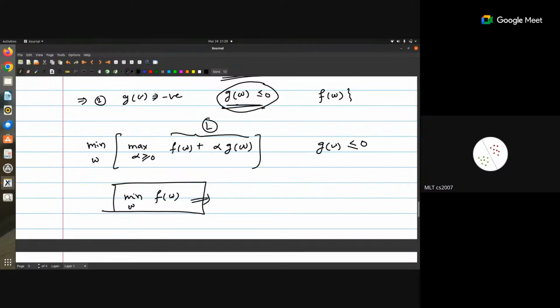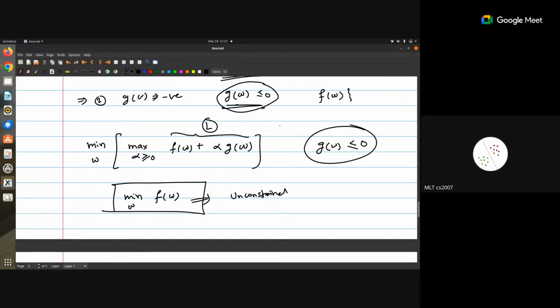Now, is this problem a constrained optimization problem or an unconstrained one? Looking at this problem, it will become an unconstrained problem, but only under the special condition that g of w is less than or equal to 0. If that is possible, then this problem will be suitable, right?